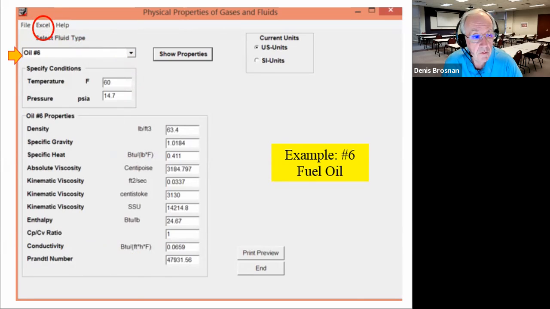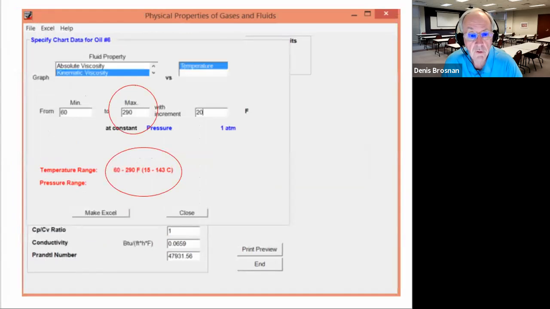So if you click on Excel there, you're going to get a screen that tells you to set up the parameters you're interested in. And so it shows that you can do an Excel chart up to a maximum temperature of 290. I've chosen 20-degree Fahrenheit increments.